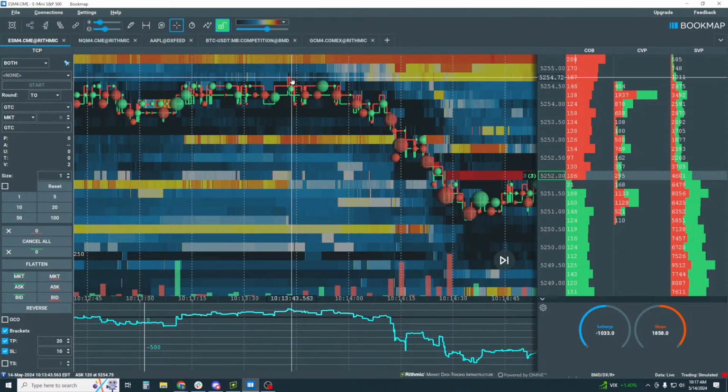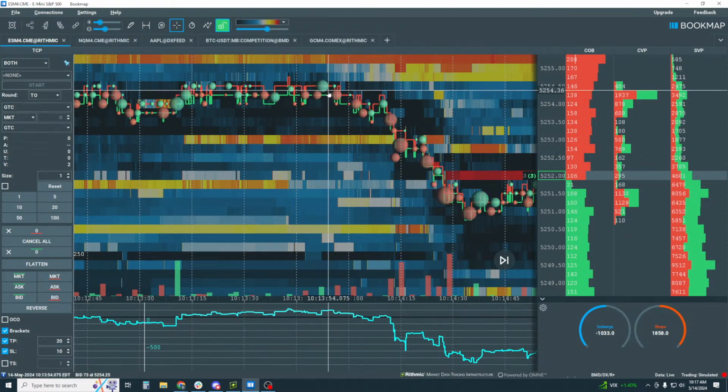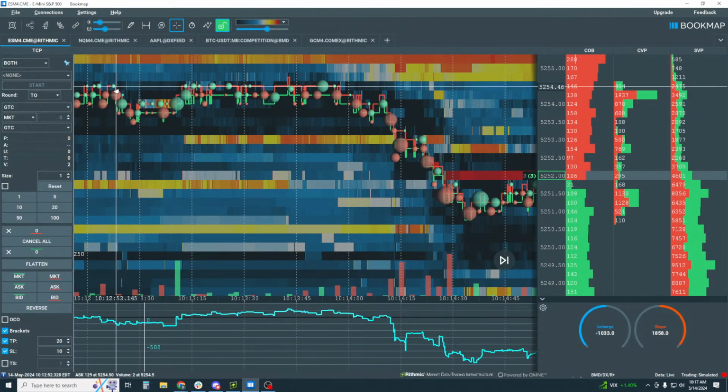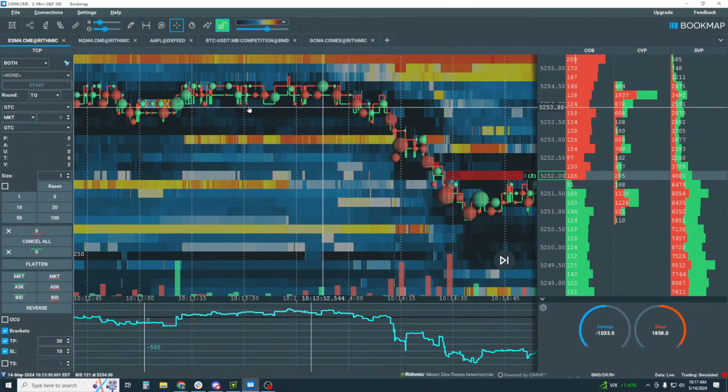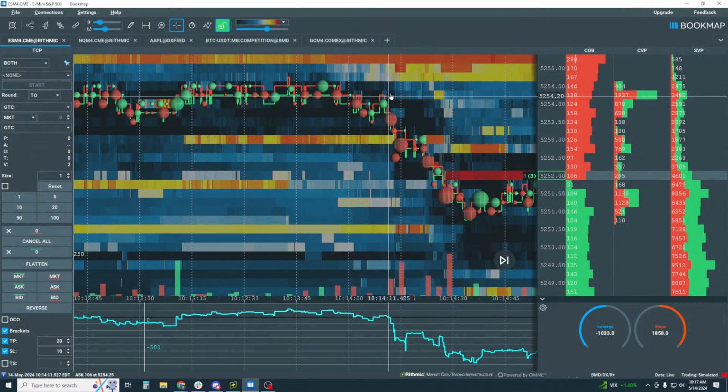It exhausted out. When you start to piece these things together with the structure at the top of a range, exhaustion, and then you start to see more sellers come in near the bottom of the range in here. Another example of exhaustion up in here, there's no buyers. And this is a lower high.